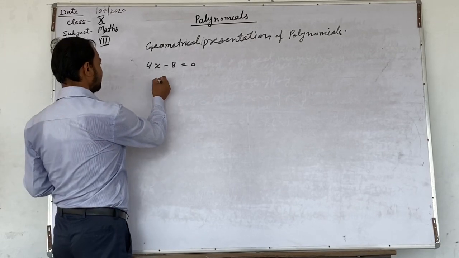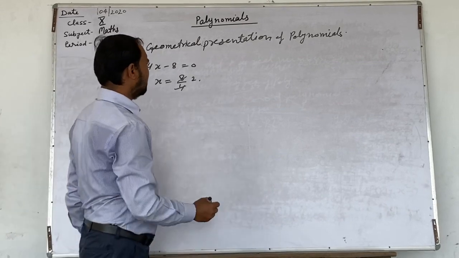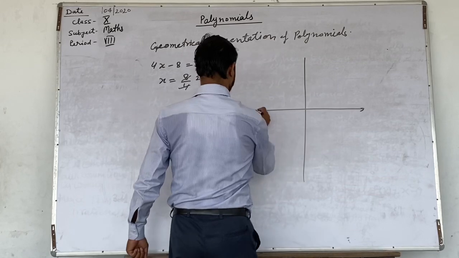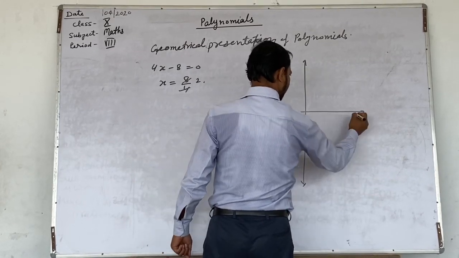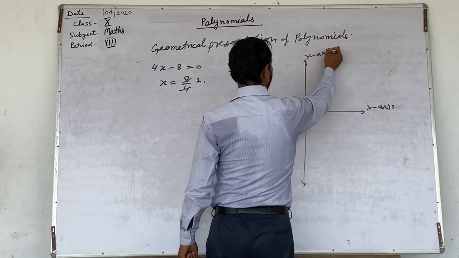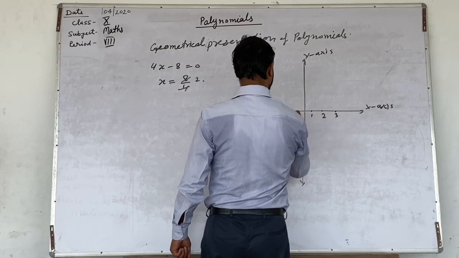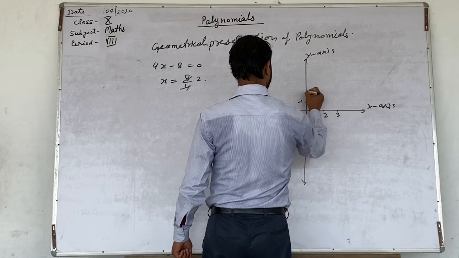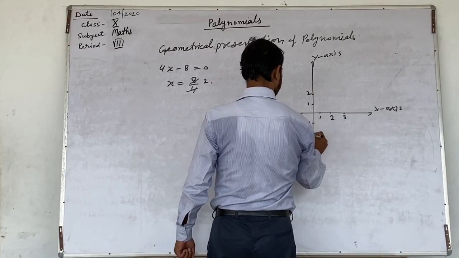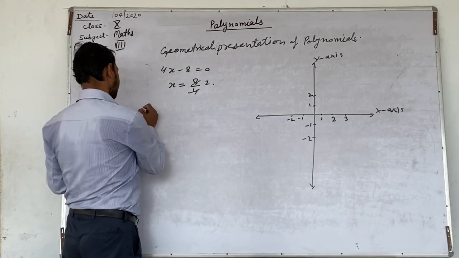You will get x equal to 8 upon 4, that is 2. When you draw the graph of this in two variables, with x-axis and y-axis, marking 1, 2, 3, minus 1, minus 2, here we have x equal to 2.